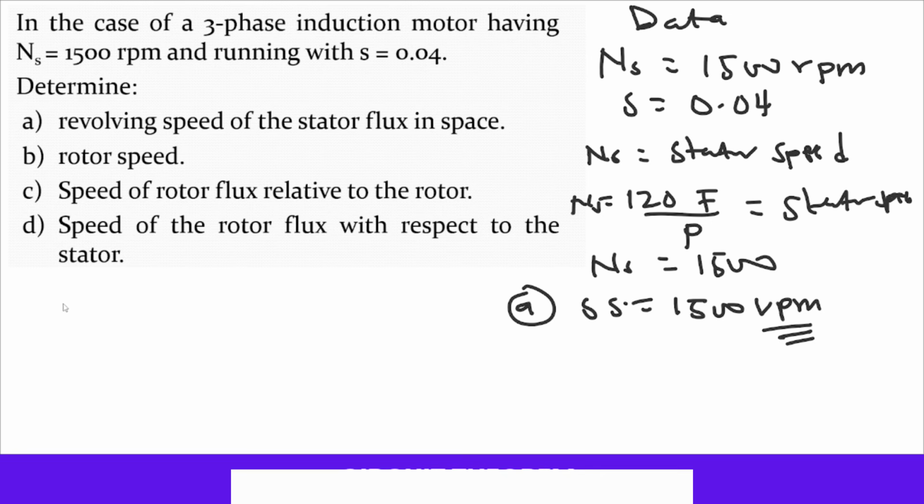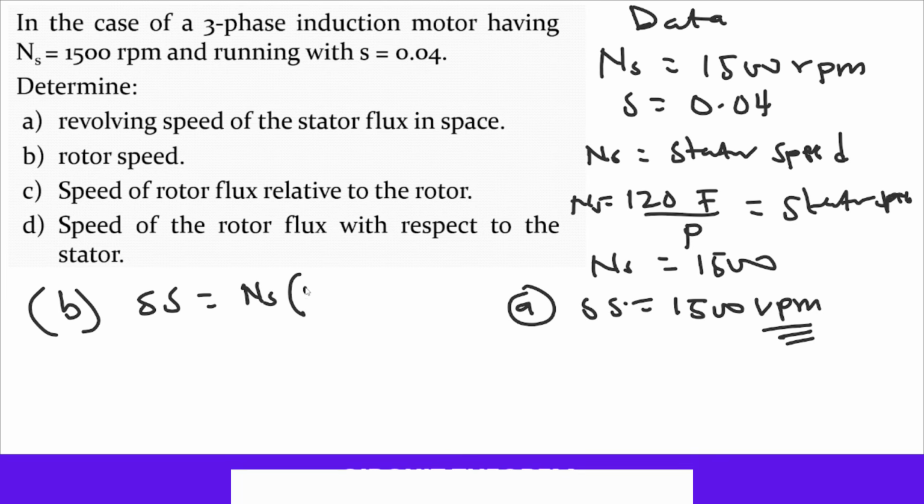Now let's move on to the b aspect, which states that we should determine the rotor speed. Ideally, the rotor speed would have been equal to the synchronous speed. But because of the slip, it will never be equal to it, unless at standstill.